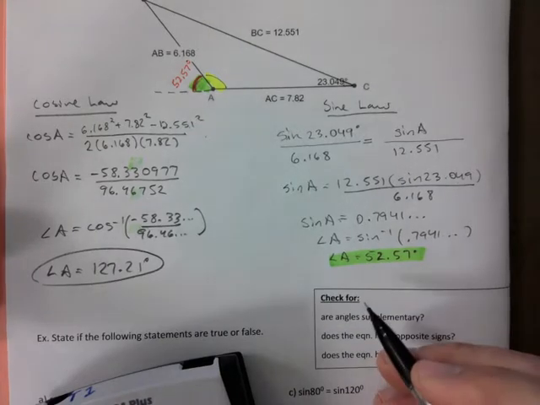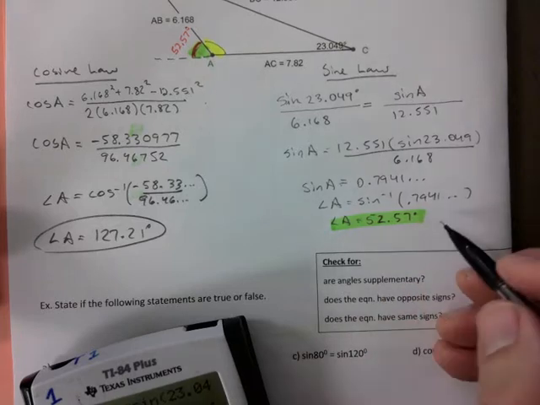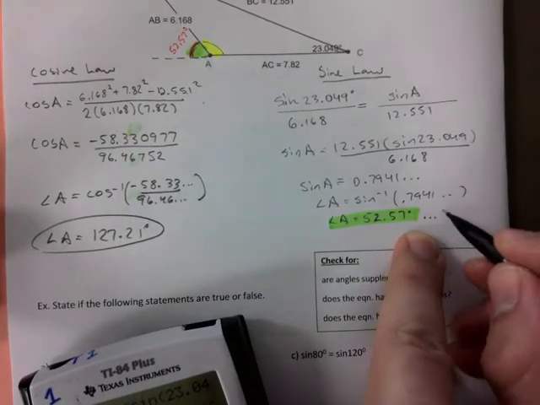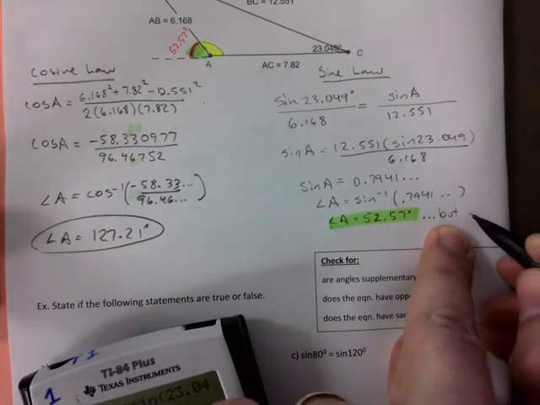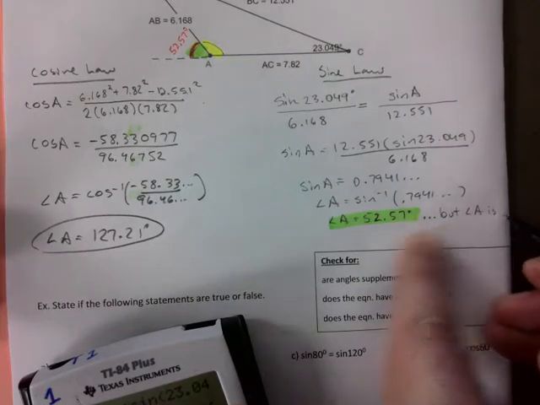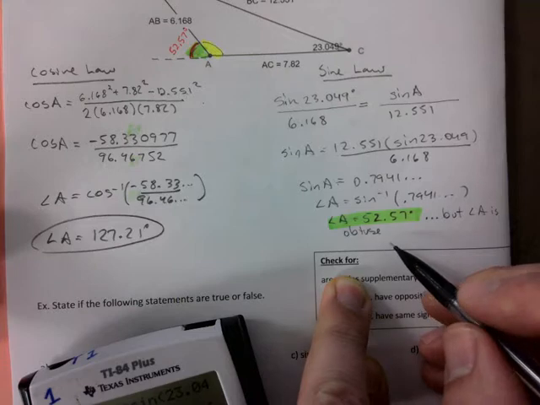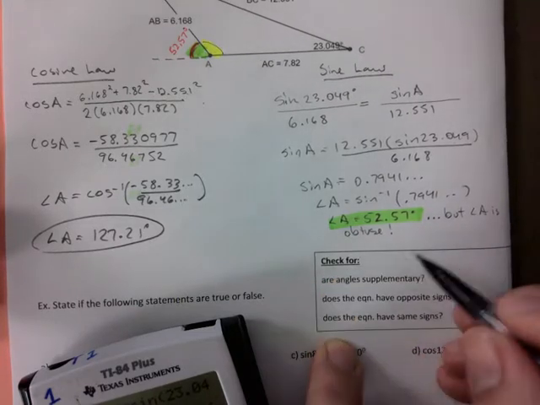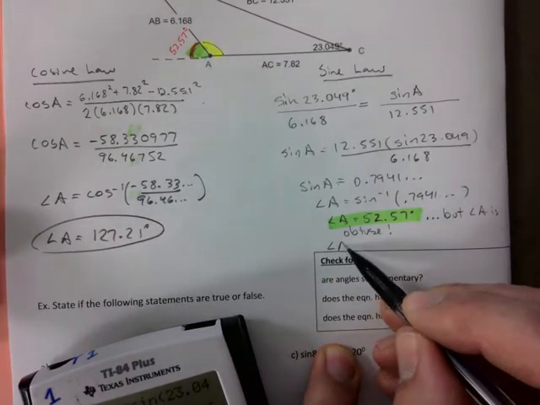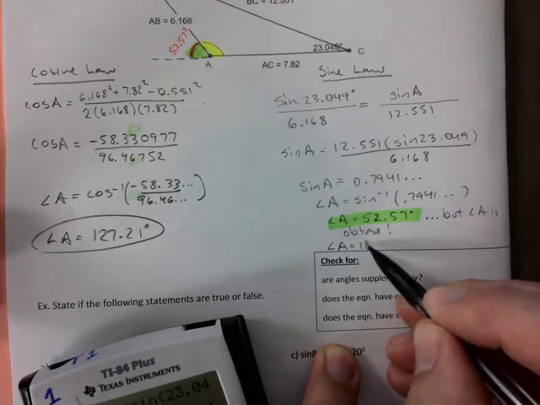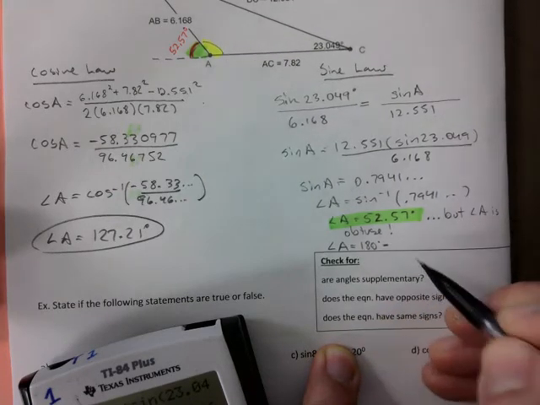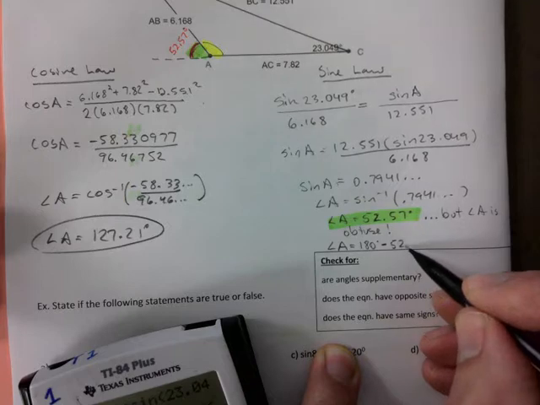So what do you have to do here? So I will say, but A is obtuse, right? Therefore, how would I find A? I'll just go 180 minus 52.57.